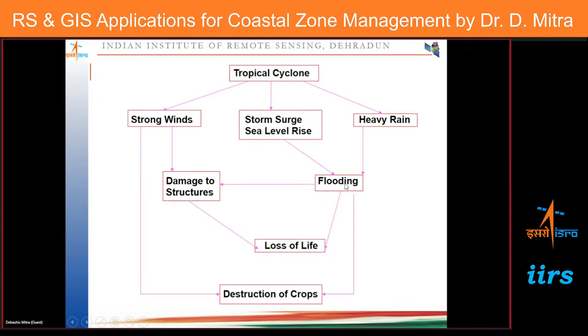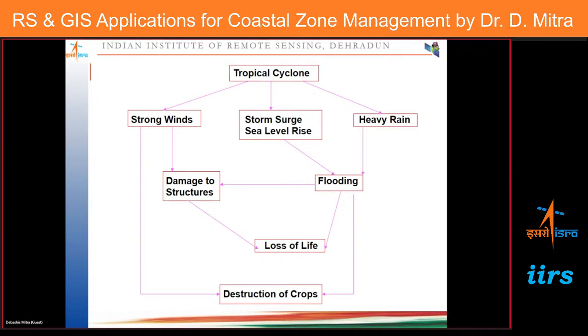The storm surge and sea level rise cause flooding. Flooding also causes damage to structures and loss of life. Heavy rain associated with the cyclone also causes flooding. That means a single cyclone causes damage to structures, flooding, loss of life and destruction of crops. Everything is caused by a single disaster.